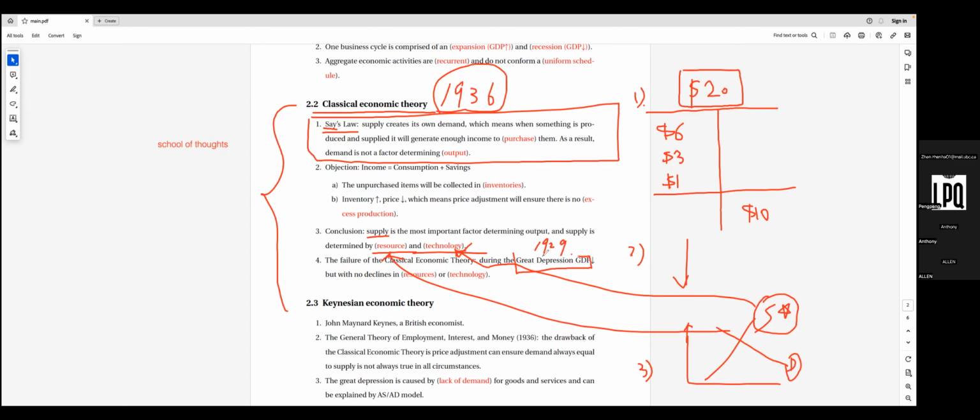This is a difficult year in human history. Something called the Great Depression happened, and this is the first major global economic crisis. So the GDP decreased by a lot.